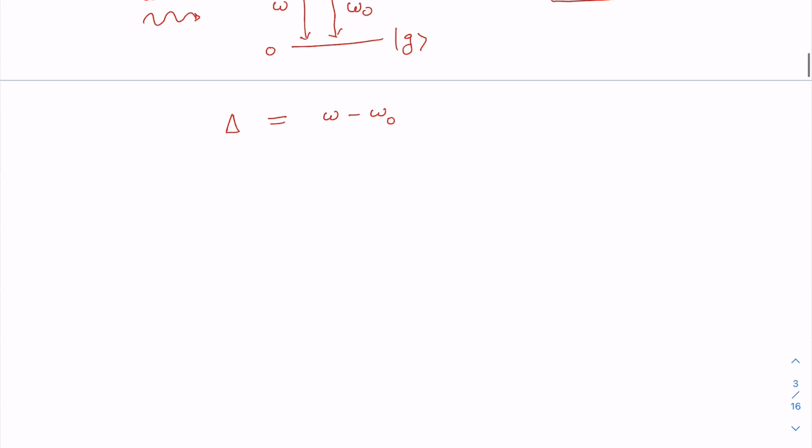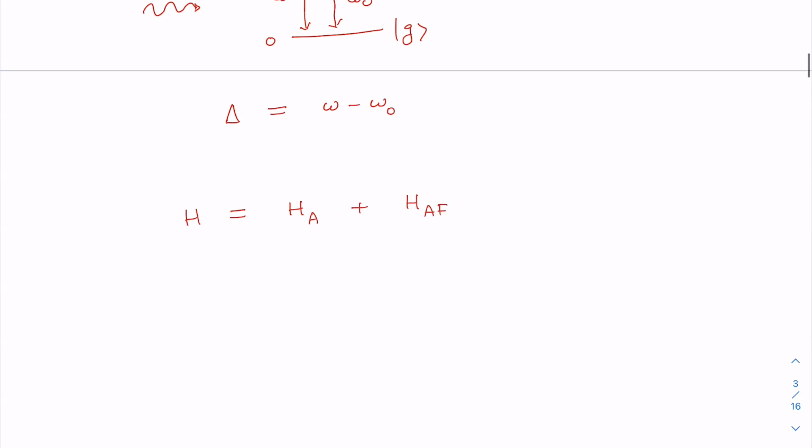We can write the Hamiltonian for the atom and the field as a sum of the free atomic Hamiltonian, say HA, and the atom-field Hamiltonian, let me write it as HAF.